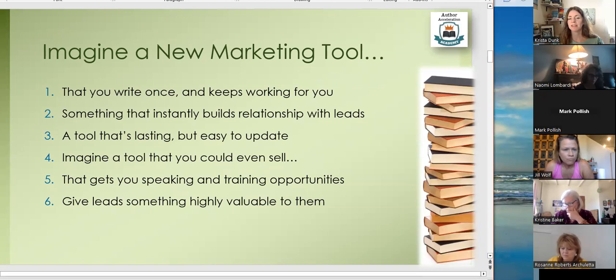Okay. And a lot of marketing, you don't make money on the actual marketing tools that you create very often. It usually costs you money. But a book is something that you could sell and make some money from, right? So that's a little different.